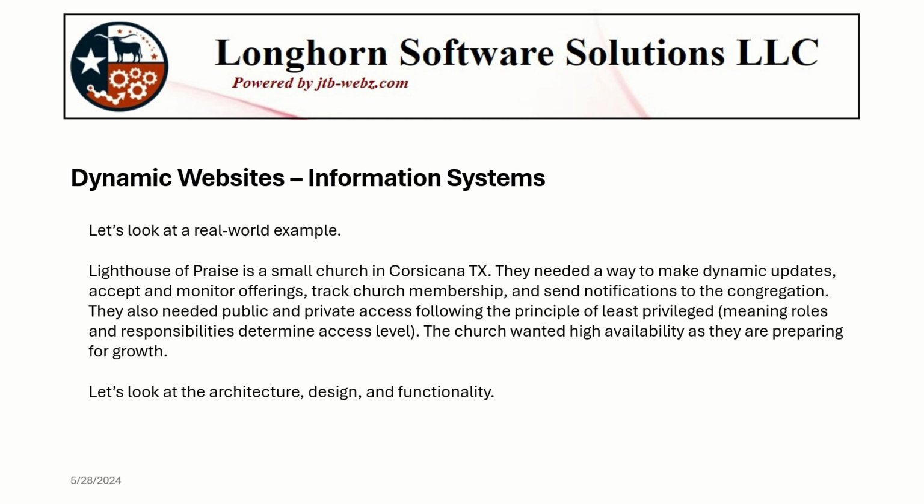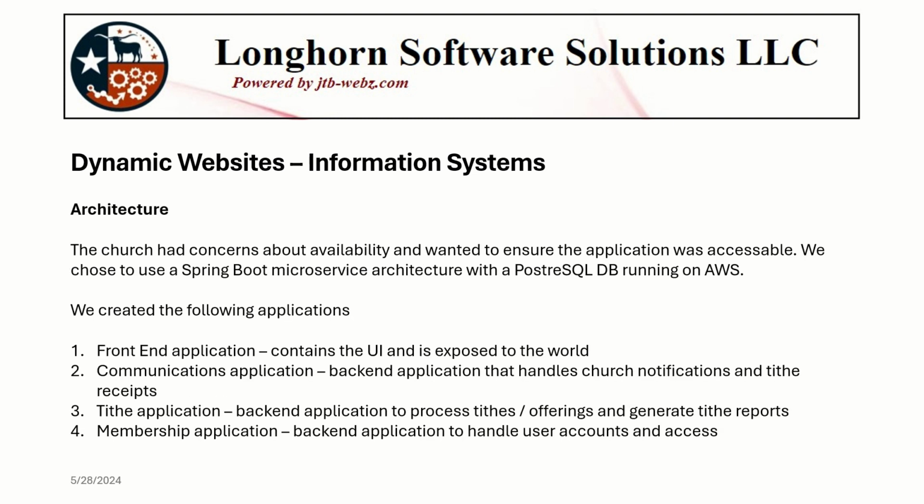Let's look at the architecture, design, and functionality. The church had concerns about availability and wanted to ensure the application was accessible. We chose to use a Spring Boot microservice architecture with a Postgres database running on Amazon Web Services.